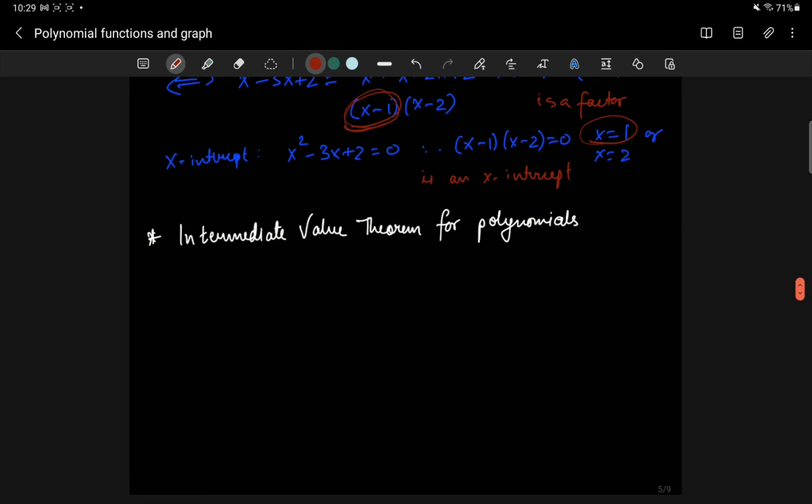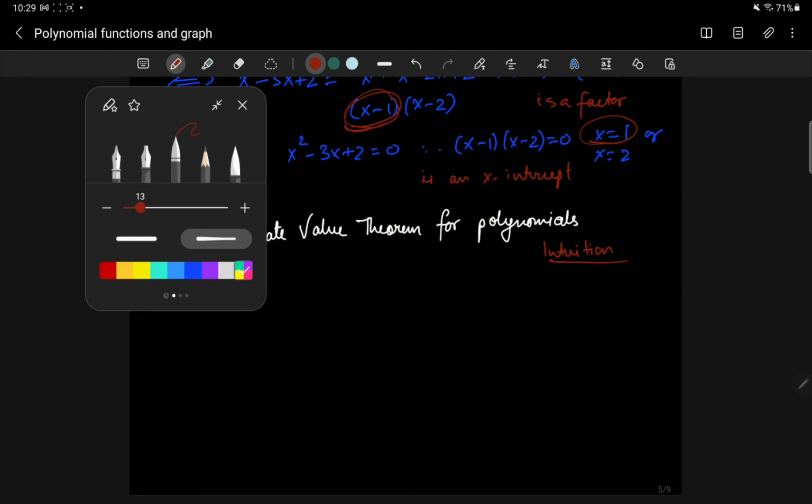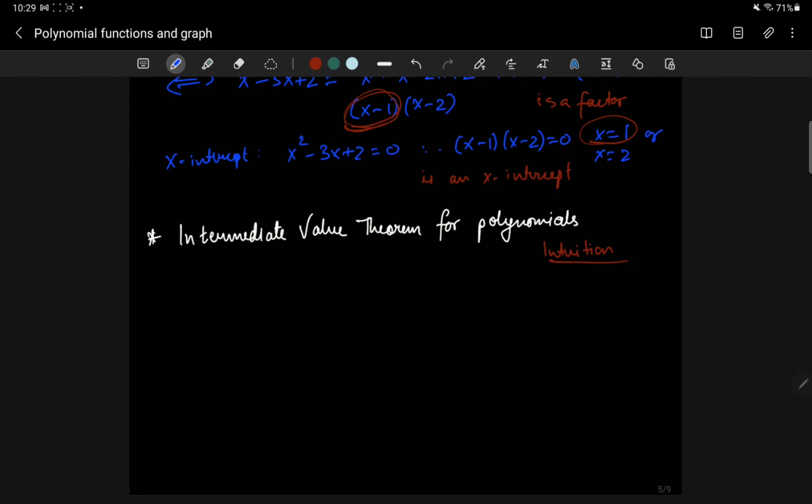Now, here's an important result for polynomials called the intermediate value theorem. It's actually very intuitive. Here is the intuition behind the result. Let's say I have a graph and I hide a certain part of the graph.